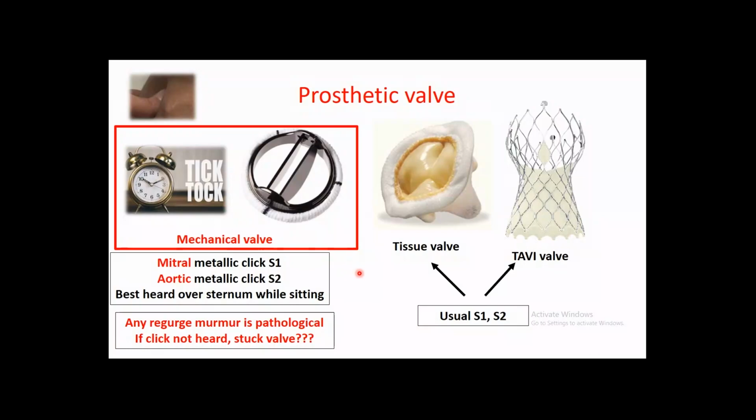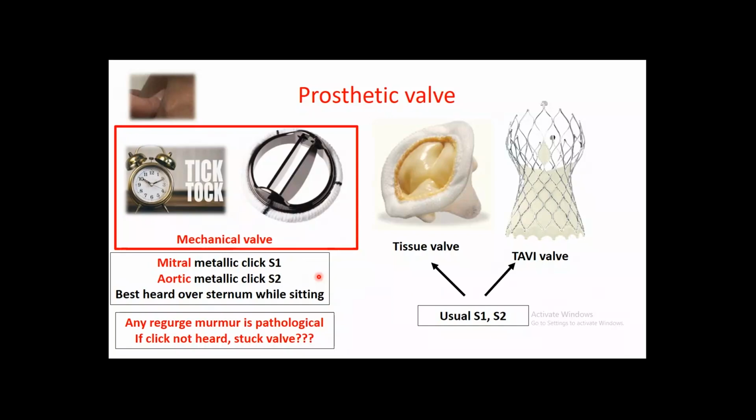On the other hand, a stenotic murmur might be heard over a metallic prosthesis due to increased turbulence of flow during opening of this valve, but this might be accepted to a limit.